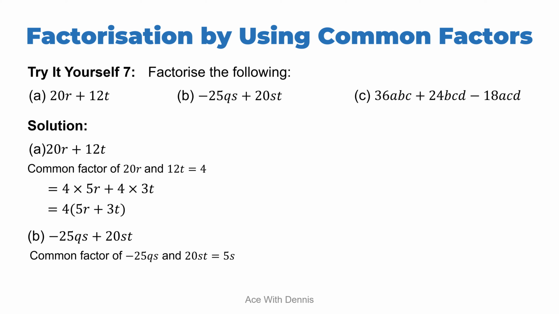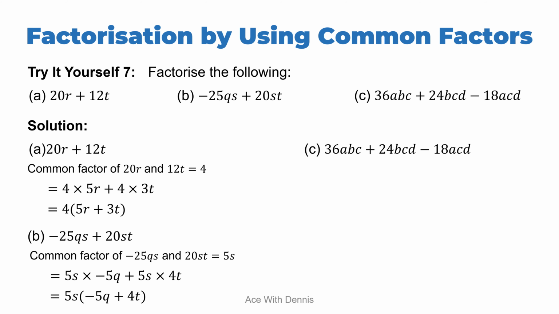So the common factor of negative 25qs and 20st is 5s. Hence we can write as 5s times negative 5q plus 5s times 4t. We factorize and get 5s bracket negative 5q plus 4t.